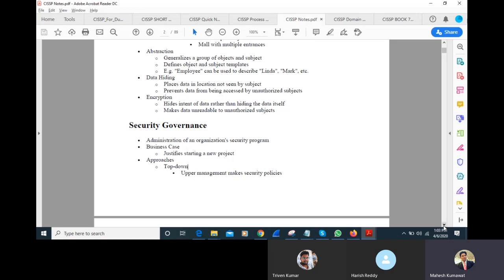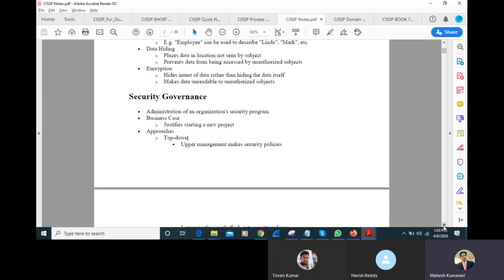The business case they can create, and the approach is top down: upper management makes security policy. Okay, as you have seen in life, the top management is basically creating the policies. They will let us know what needs to be done in the company.